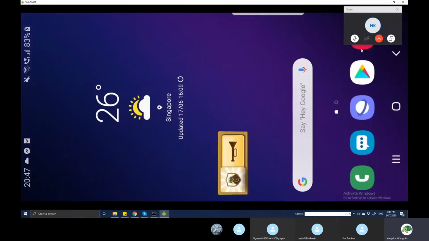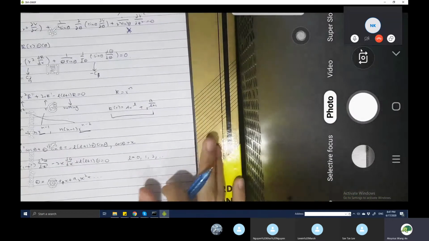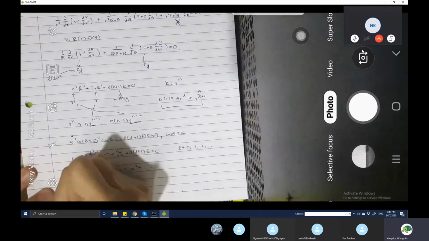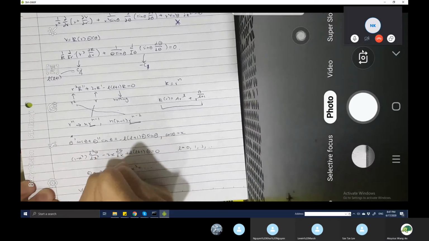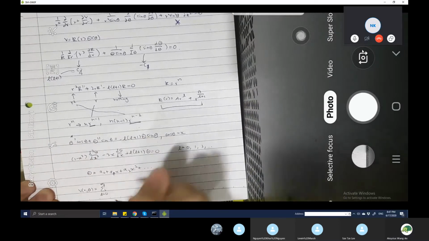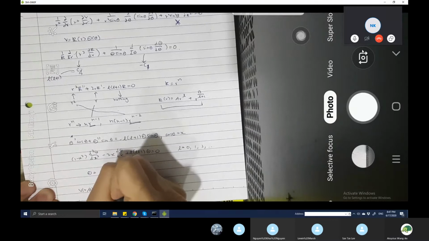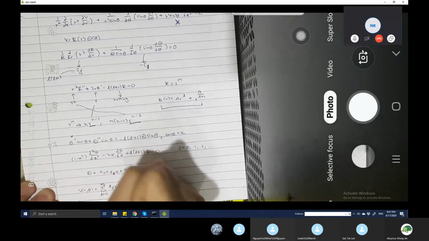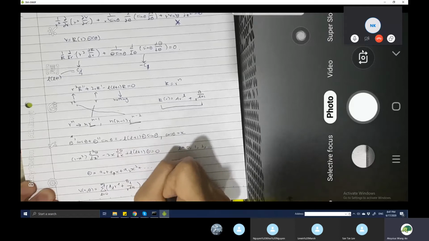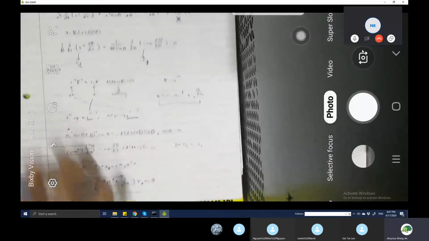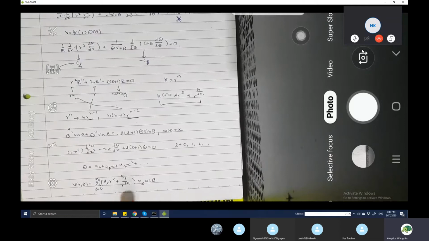Basically what we can do is write the general solution V of r, theta to be equal to an expression that looks like this. Again, this expression looks a lot more scary than it actually is. It actually just says a lot of very simple things.